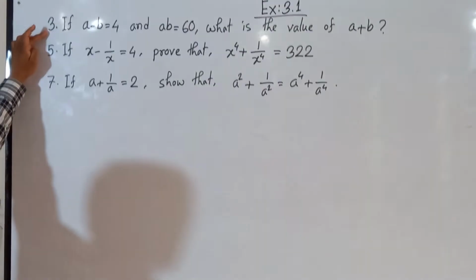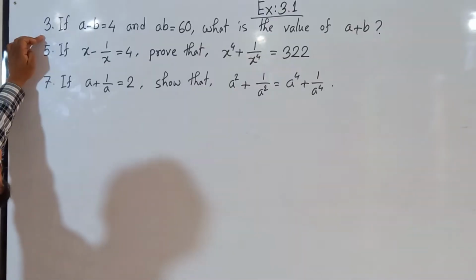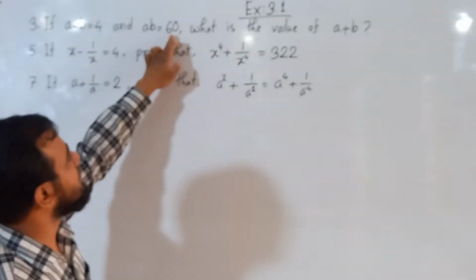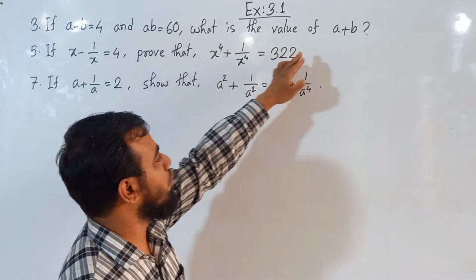Question number 3 we will solve first. Question number 3 is: if a minus b equals 4 and ab is equal to 60, what is the value of a plus b? We need to find the value of a plus b. For the solution, first of all, we should write down the given information.